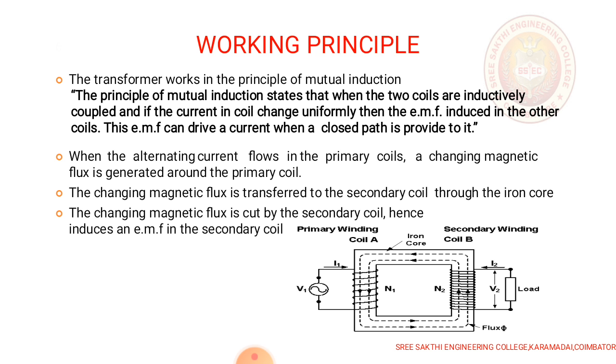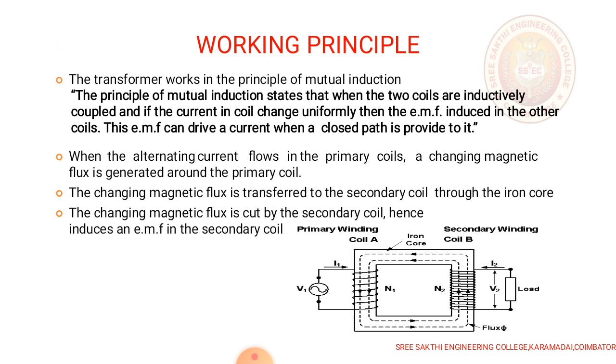Here, the transformer structure is given. The essential components of the transformer are magnetic core or iron core, two windings, namely primary and secondary winding, and the third one is a time varying magnetic flux. When the alternating current flows in the primary coil, a changing magnetic flux is generated around the primary coil.